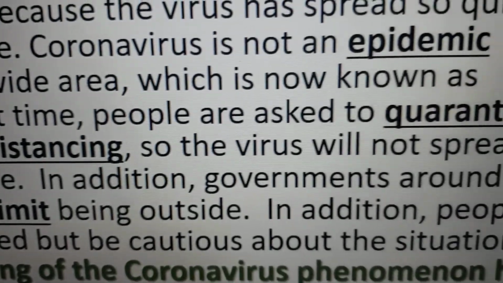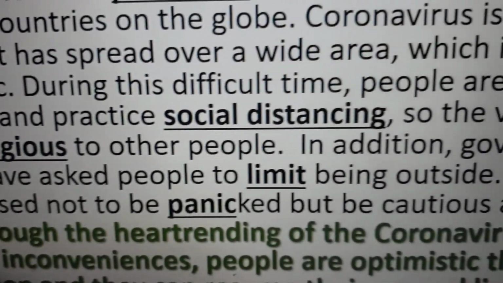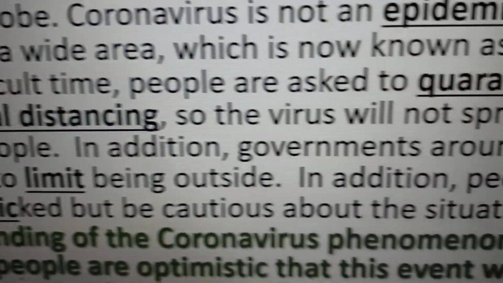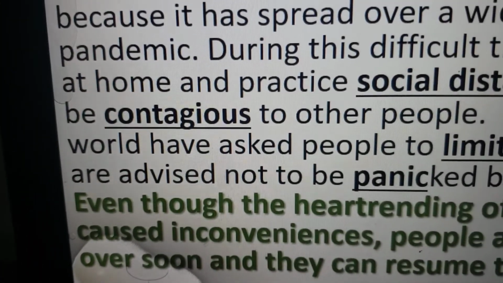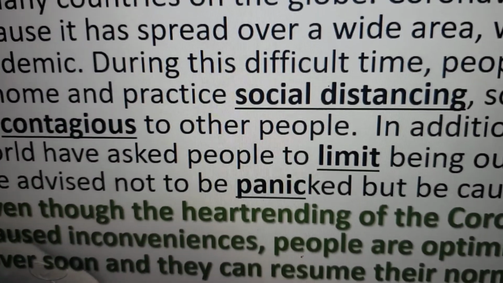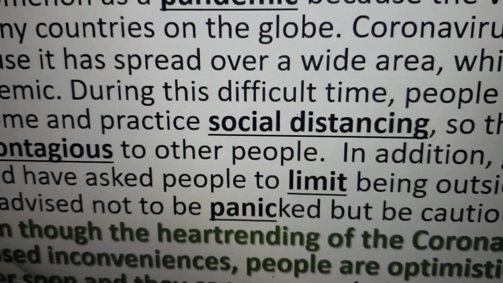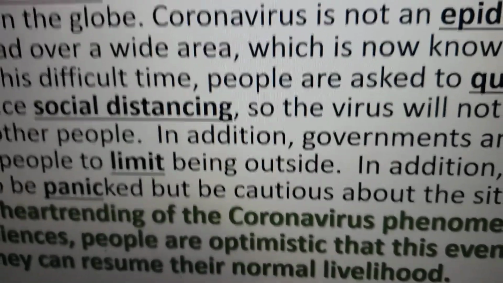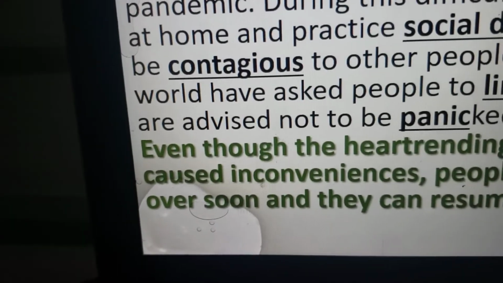In addition, governments around the world have asked people to limit being outside. Don't go outside. In addition, people are advised not to panic or worry, don't cause a panic, don't confuse many people, but be cautious, basically be careful about the situation.